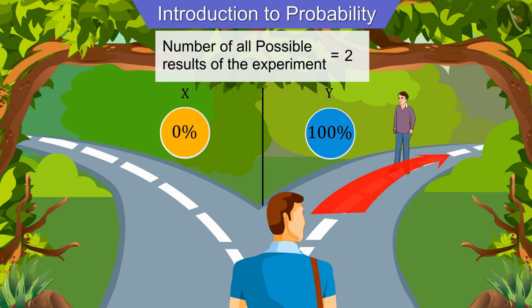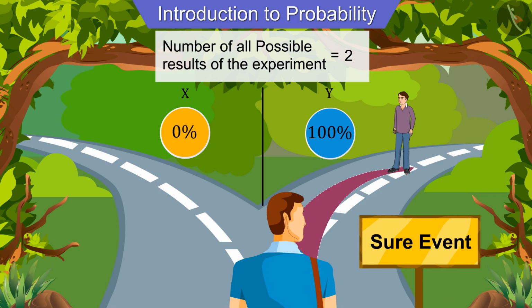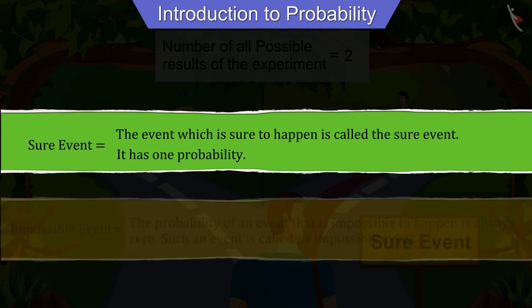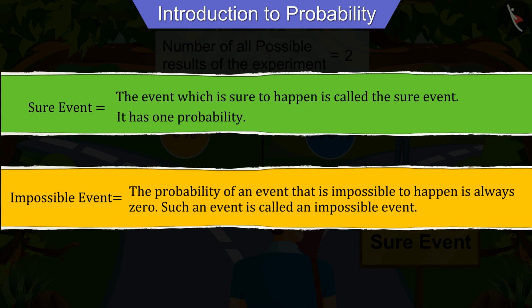Because now we know which is the right path. So walking on road Y is a sure event. Therefore, the event which is sure to happen is called the sure event. It has probability 1. Conversely, the probability of an event that is impossible to happen is always 0. Such an event is called an impossible event.